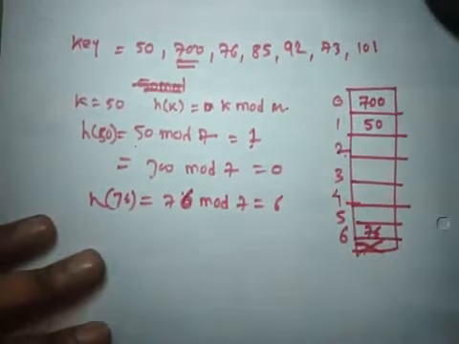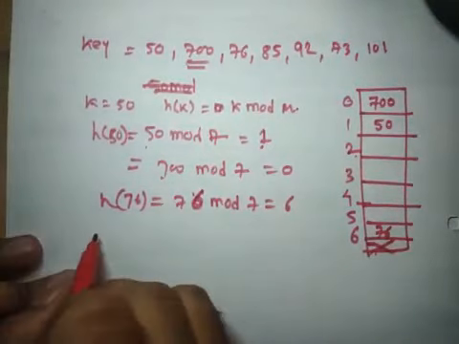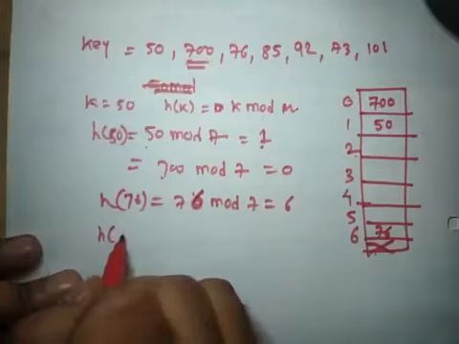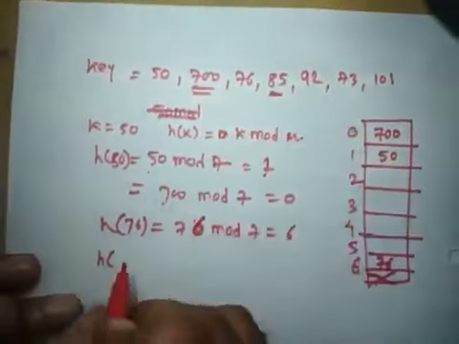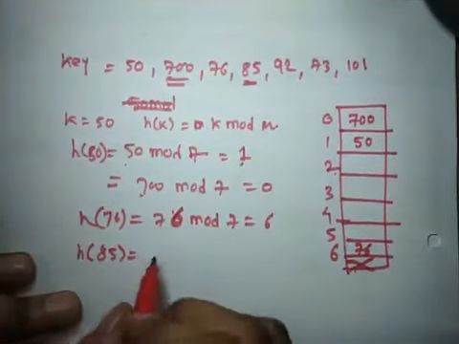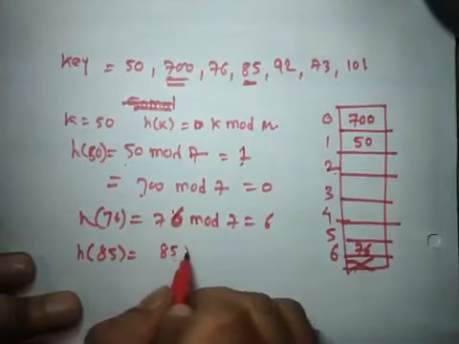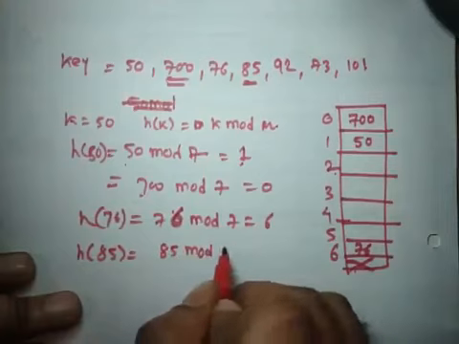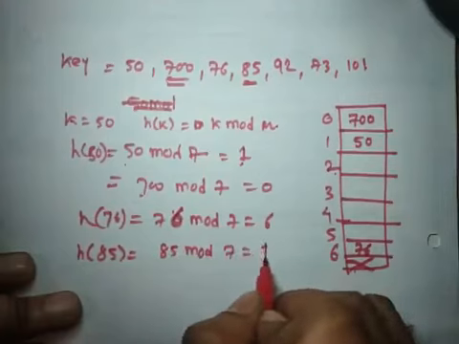There is no problem while storing these values. Now let's take h of k, where k's value is 85.